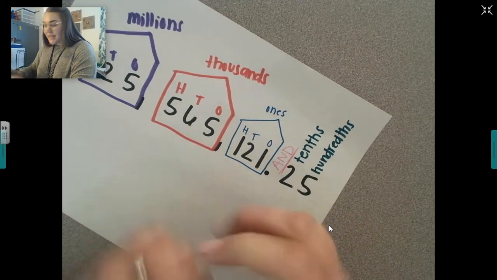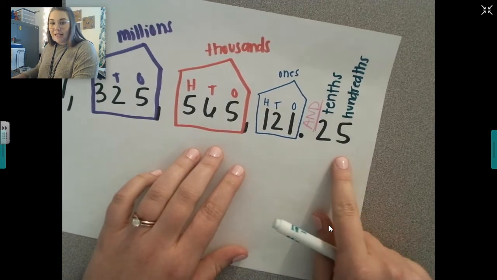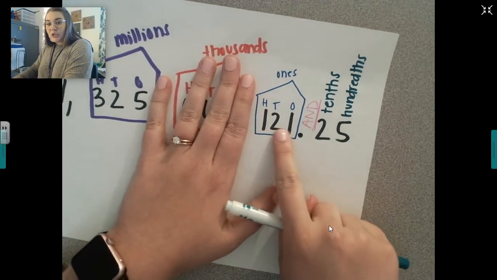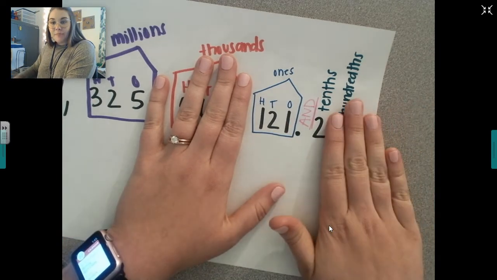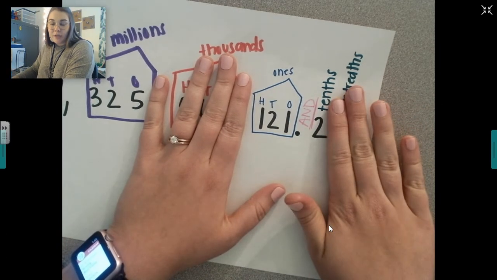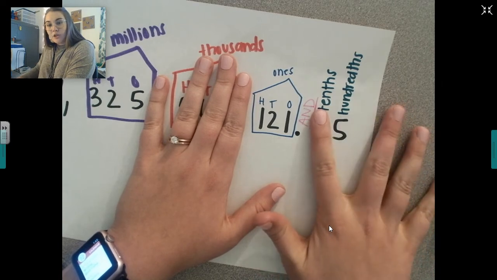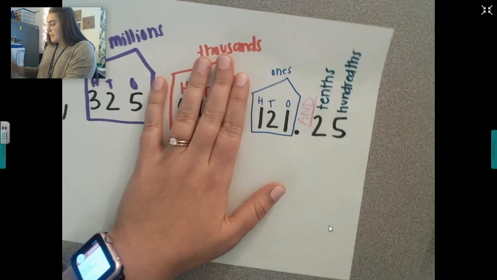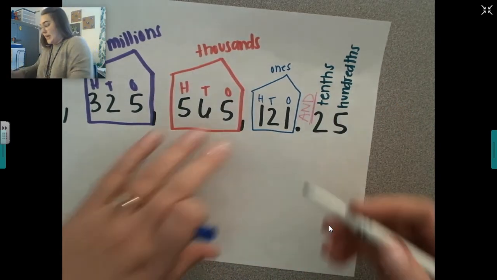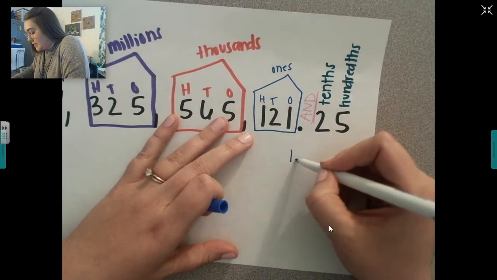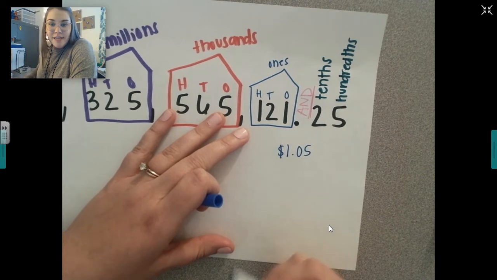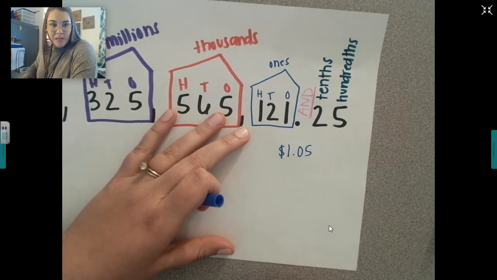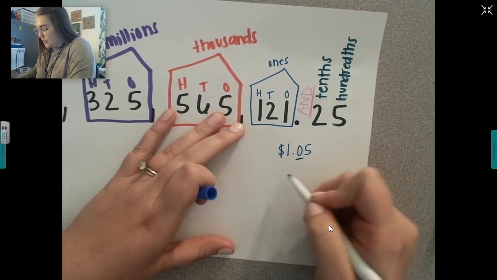So when I see this, I always think of money. So like this could be $121.25. Or if I had a 0, it could be 20 cents. Or if I didn't have a 2, it could be 5 cents. But that's what I always think of decimals as. So if I had a number like this, how much money do you have? $1.05. You know that's in the hundredths place. You have to have that 0 placeholder there.